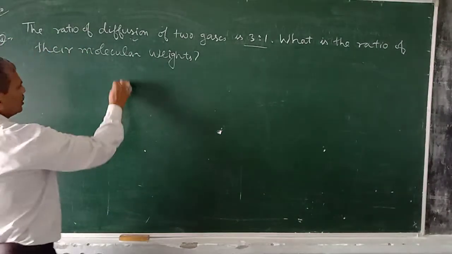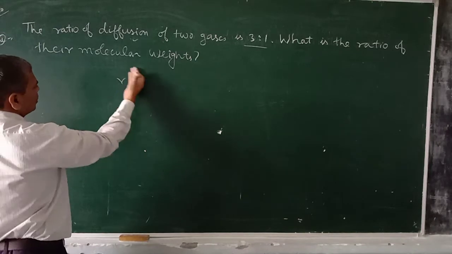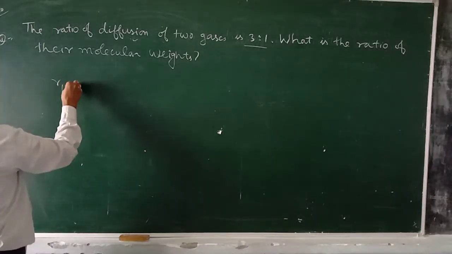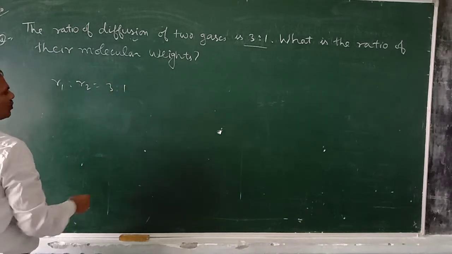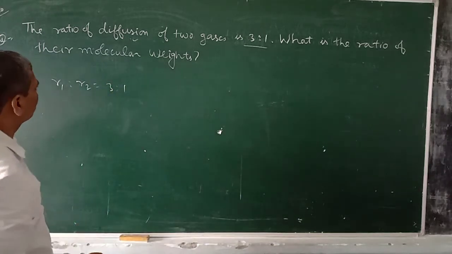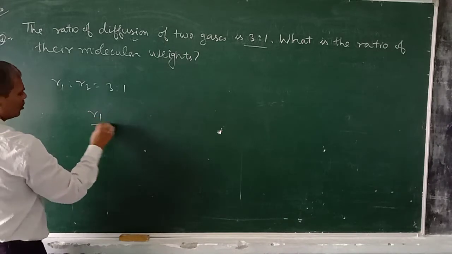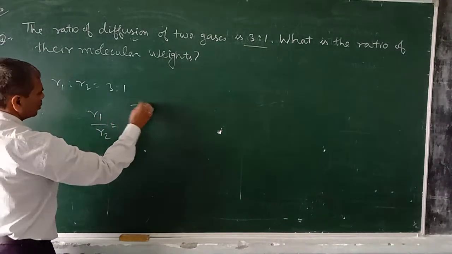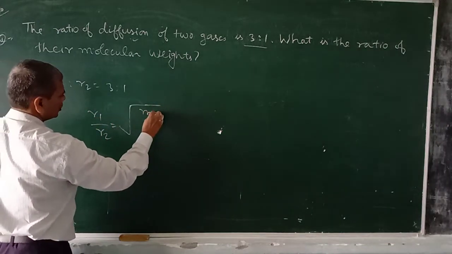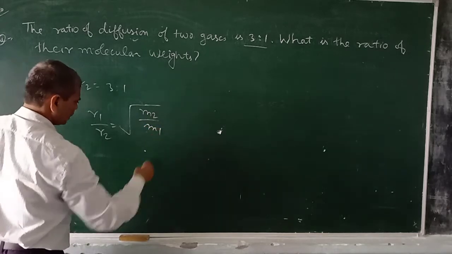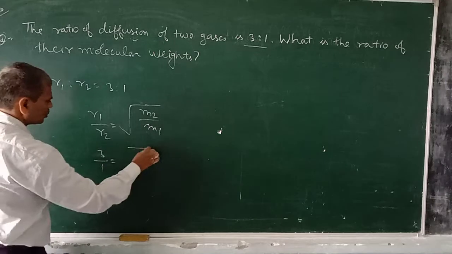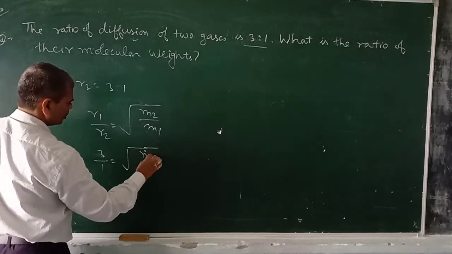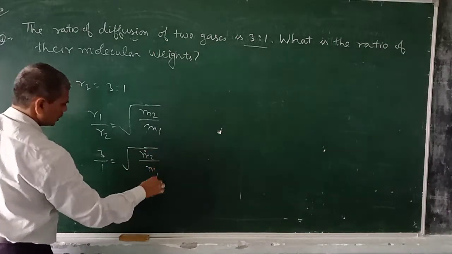I mean to say R1 to R2 has been given as 3:1 and you have to find out the ratio of their molecular weights. The formula will be R1 upon R2 is equal to square root of M2 upon M1. That is 3:1 is equal to square root of M2 upon M1.